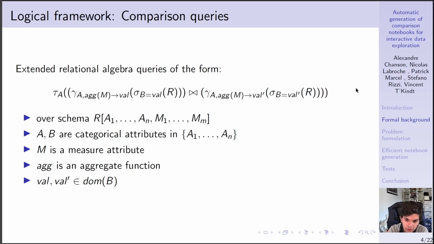So for example, it would be the month in our little running example, and the two values we chose are April and May. And finally, we associate a single measure and an aggregation function. So in our example, it's the sum of COVID cases.